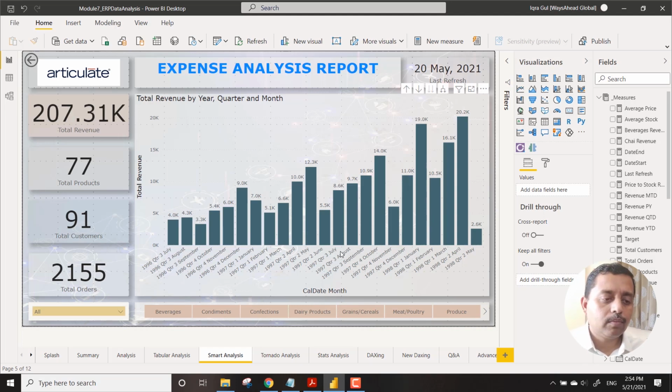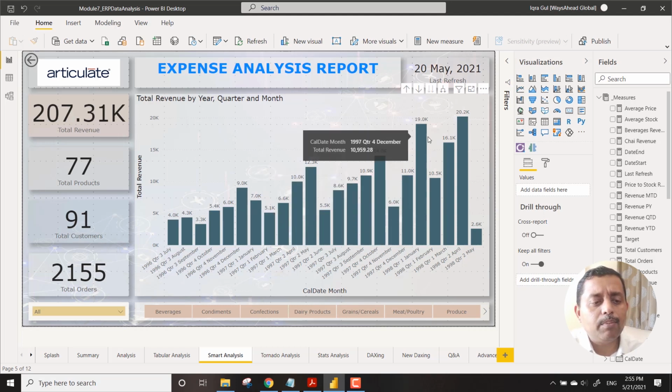Analysis has to be live always. When I'm discussing with my colleagues or my team, I need to analyze at that point of time, not before and not after. That is why these AI based analysis capabilities are given directly with the visual.